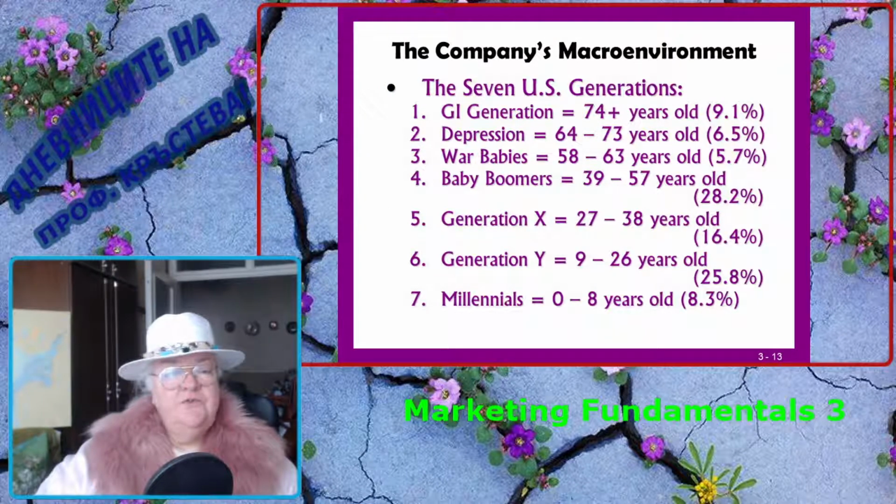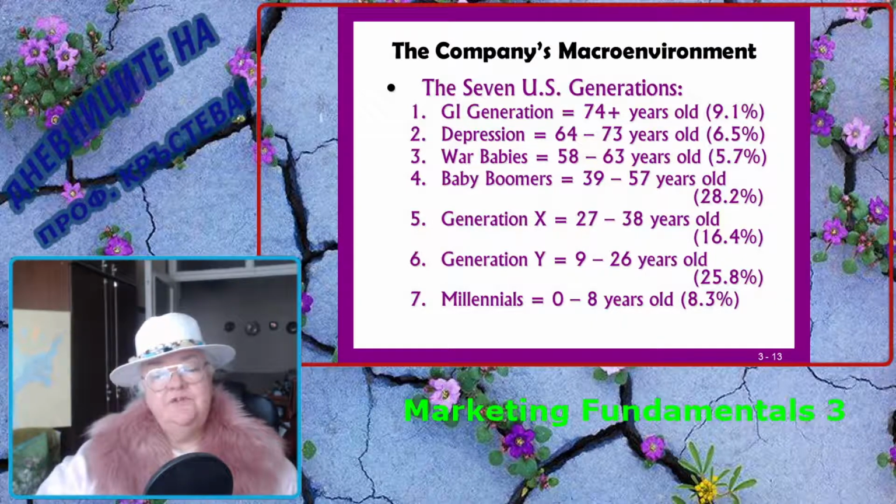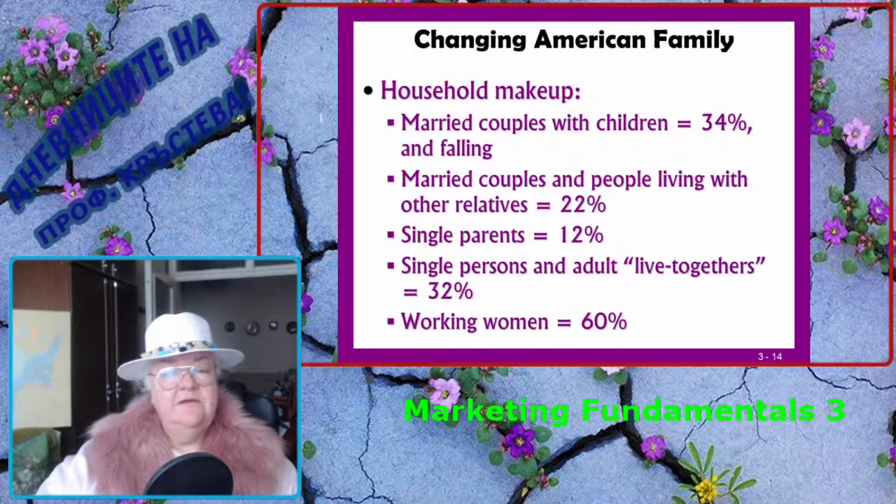Let's say for the US, it is believed that there are several generations. The GI generation, who are more than 74 years old, the Depression generation, the war babies, the baby boomers, Generation X, Generation Y, the millennials, and of course Generation Z. The American family is also changing.